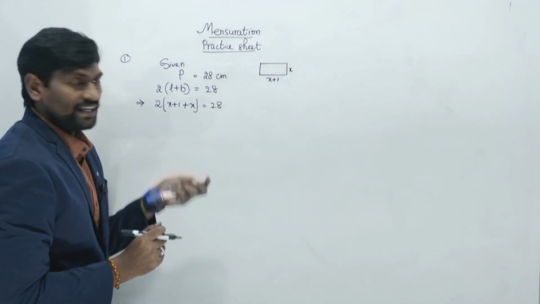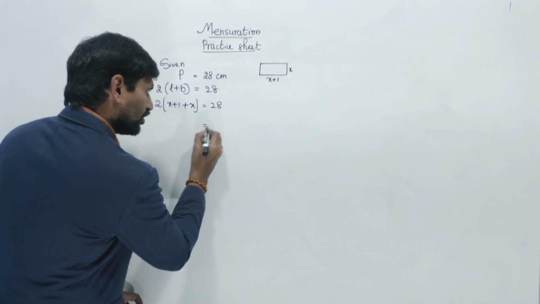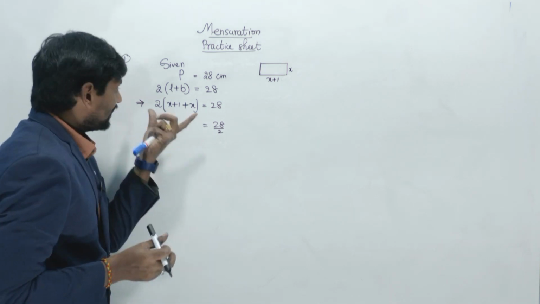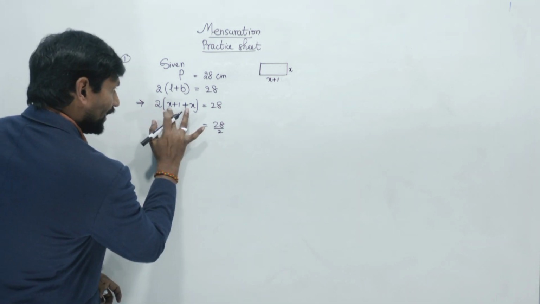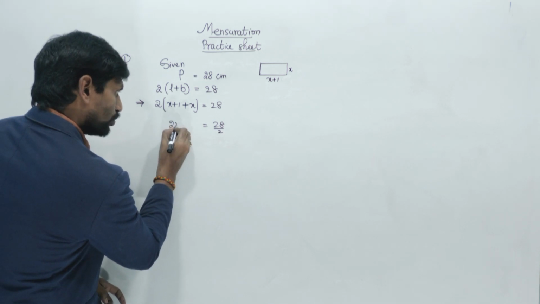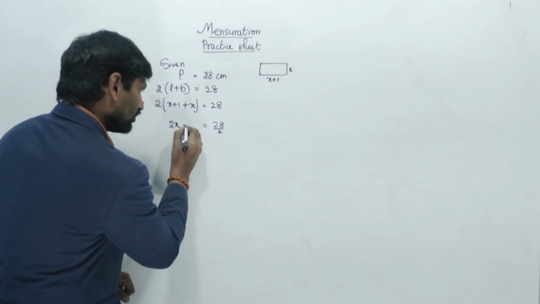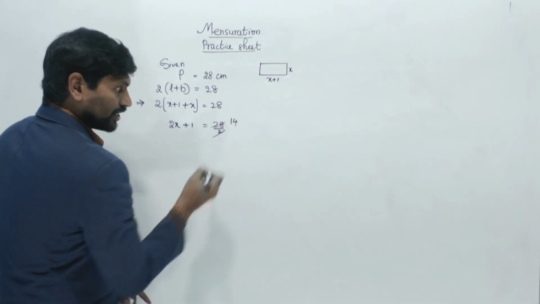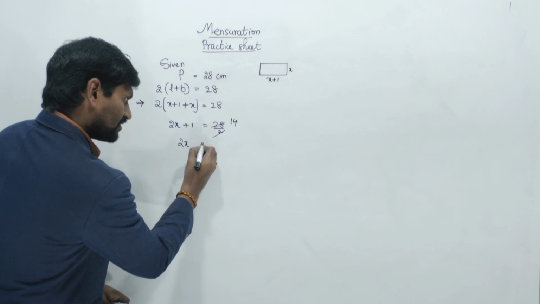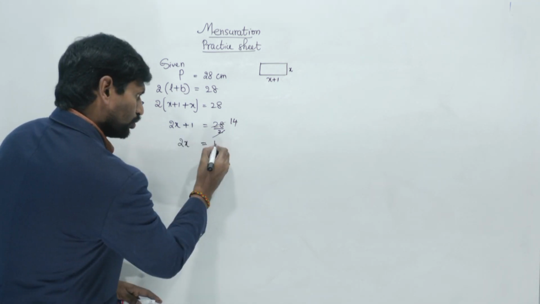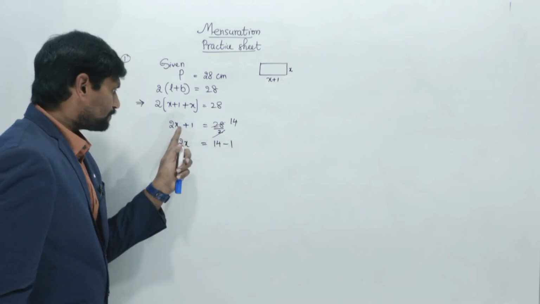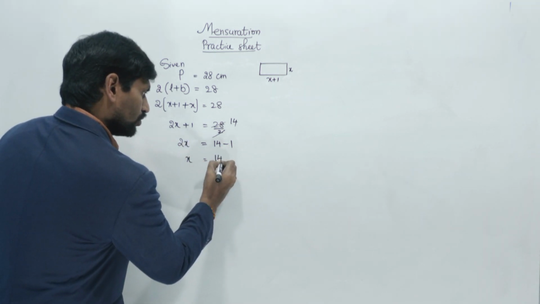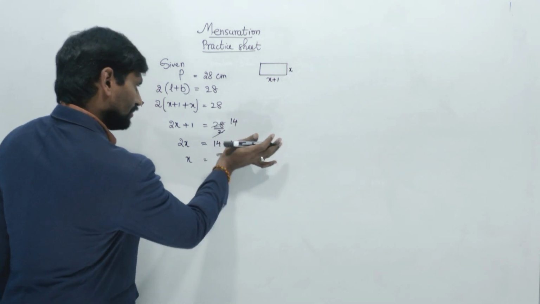Now 2 is multiplying, so when you transpose it, it divides: 28 by 2. In the bracket there are two x terms, x plus x becomes 2x, and the number is 1, so 2x plus 1. And 2 table in 28 is 14 times. So 2x plus 1 equals 14. 2x equals 14 minus 1, because plus 1 transposed becomes minus 1. So x equals 14 minus 1, which is 13.